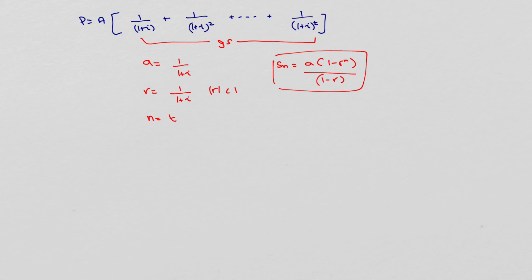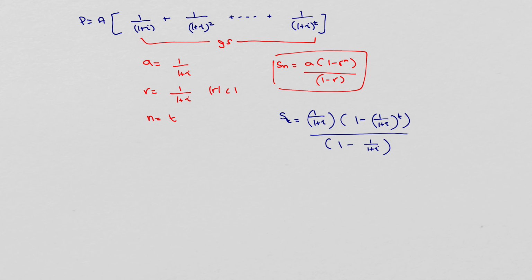So I then sub into my formula. So I'm going to have S of n, which would be the sum to t terms, is going to be 1 over (1 plus i) times (1 minus 1 over (1 plus i) to the power of t), and that's all over 1 minus 1 over (1 plus i).